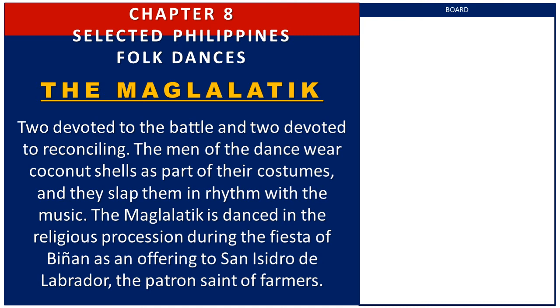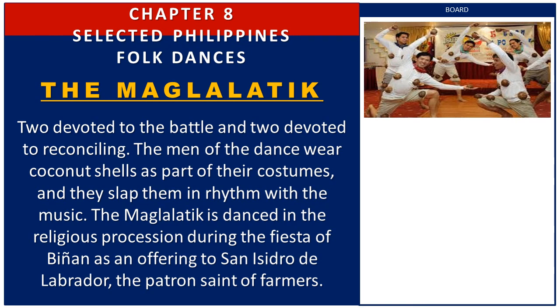The men of the dance wear coconut shells as part of their costumes, and they slap them in rhythm with the music. The Maglalatik is danced in the religious procession during the fiesta of Binyan as an offering to San Isidro Labrador, the patron saint of farmers. Here are some example pictures.